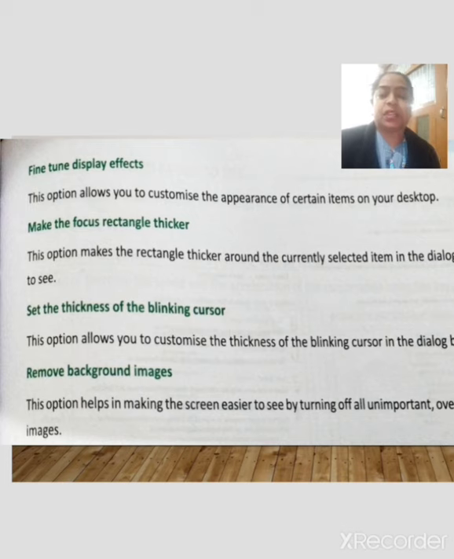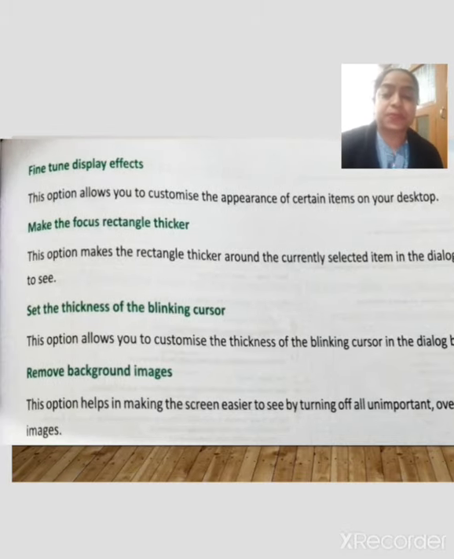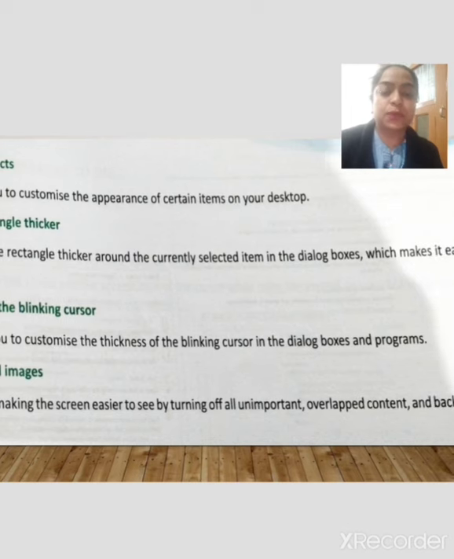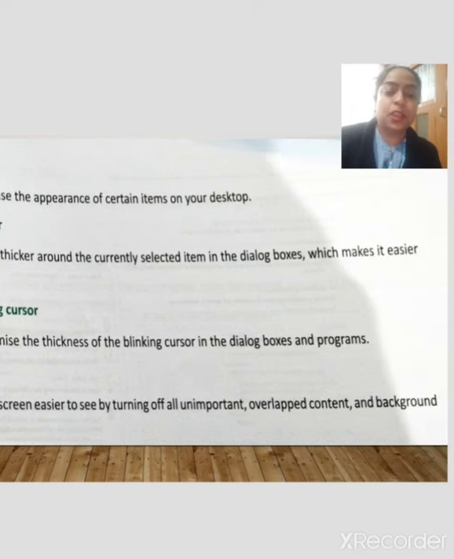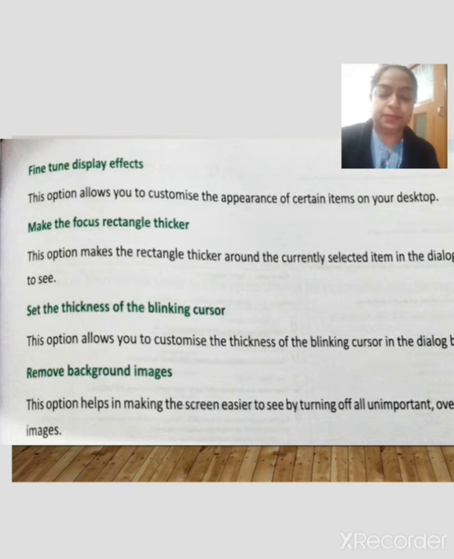Next one is set the thickness of the blinking cursor. This option allows you to customize the thickness of the blinking cursor in dialog boxes and programs. Next one is remove background images. This option helps in making the screen easier to see by turning off all unimportant overlapping content and background images.